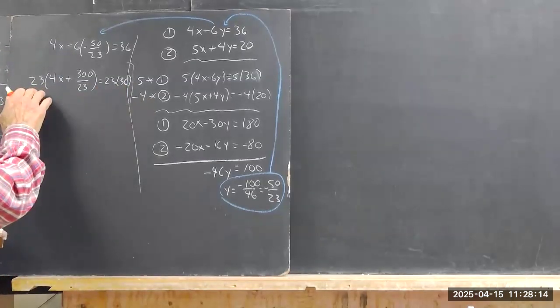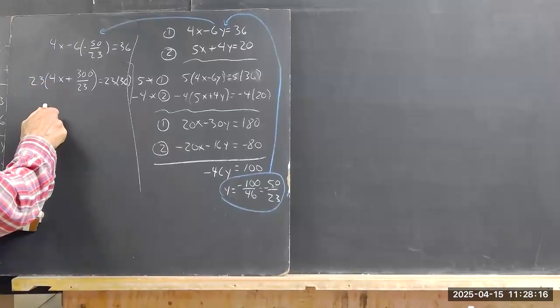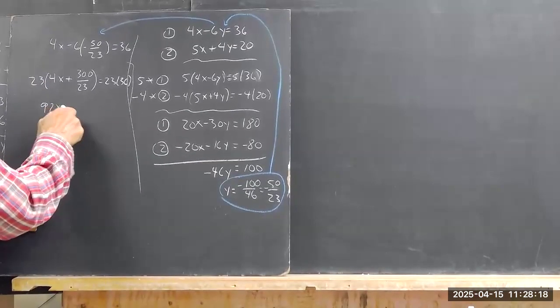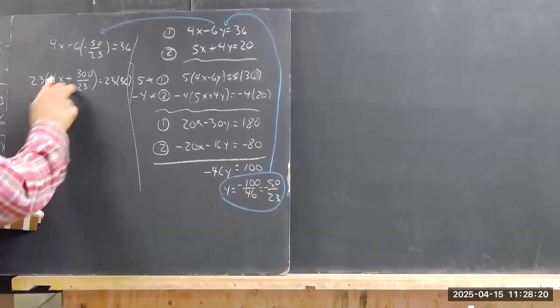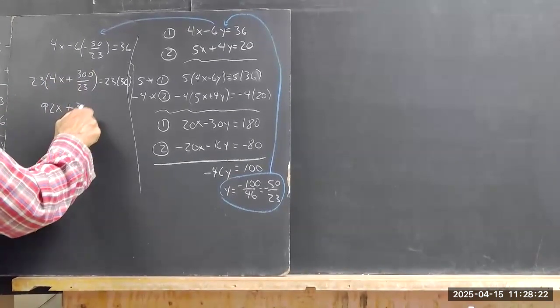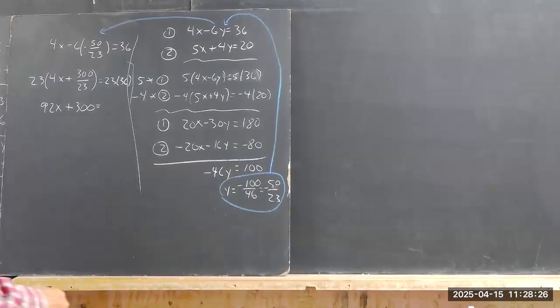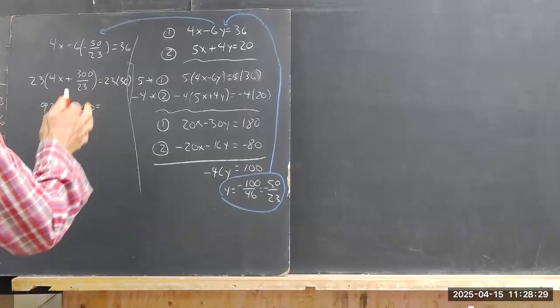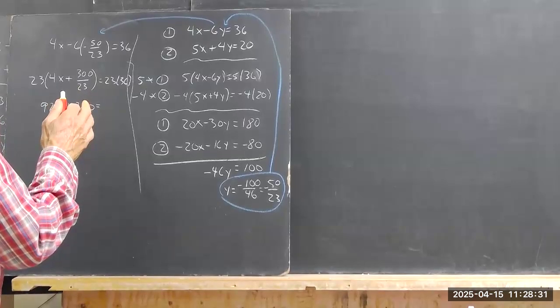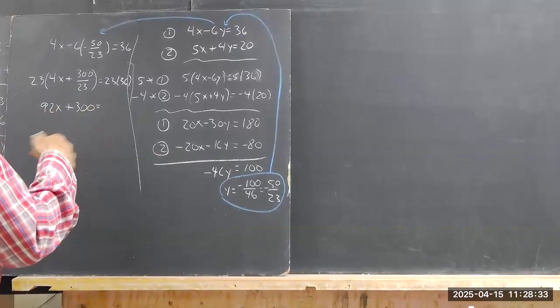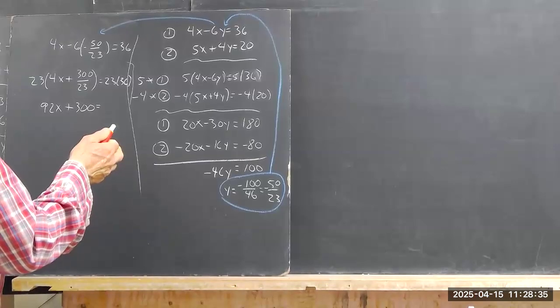Now I multiply by 23. 23 times 4 is 92. 23 times 300 over 23 is 300. And oh boy, 23 times 36. Well, that's 1,080 plus 3 times 36, which is 108.